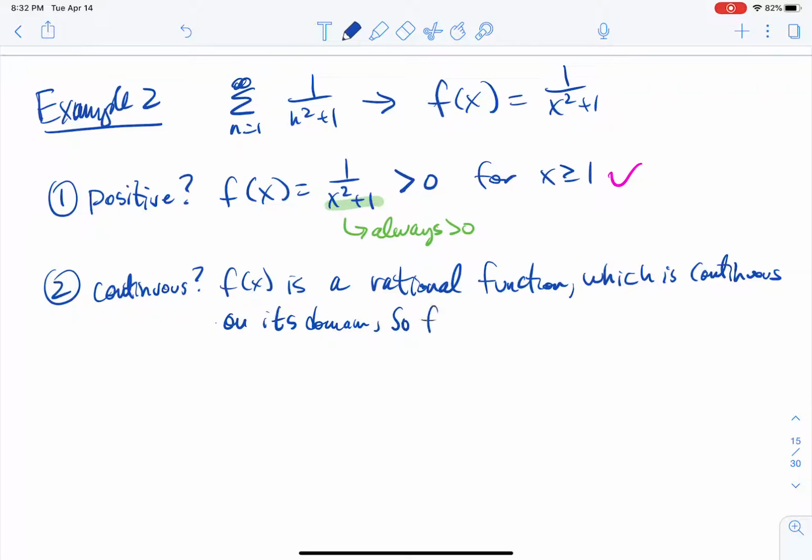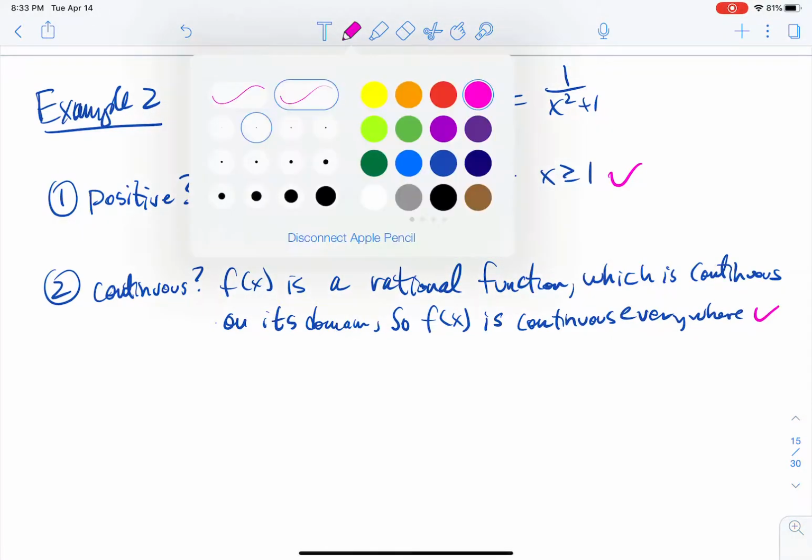So f of x is continuous everywhere, right? I think I need a verb in there. f of x is continuous everywhere. All right, we're good to go on that one. Check. Second check mark.